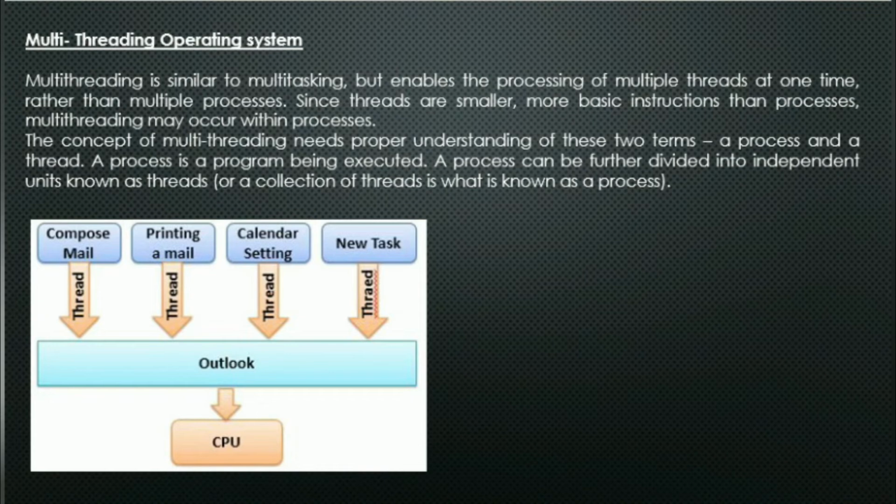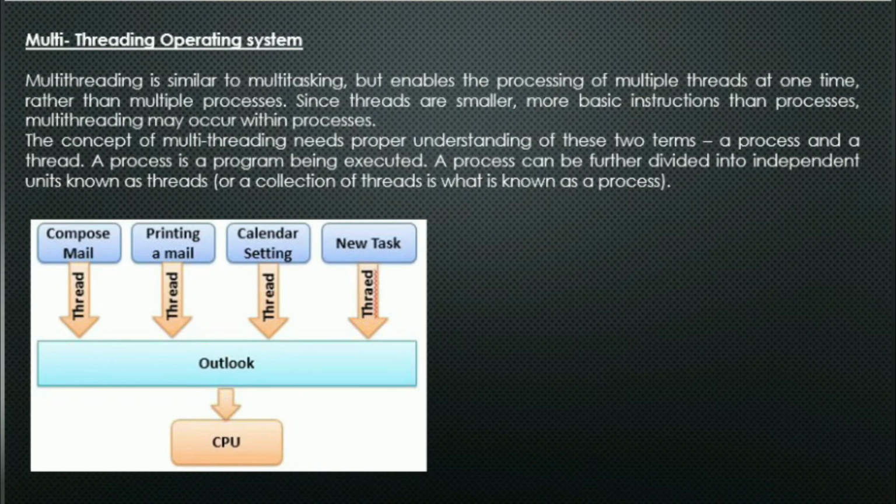So instead of executing a process completely, we can execute a process thread by thread. So by executing thread by thread, what is the advantage? The advantage is we can use the CPU effectively. The CPU will not be idle for any time.